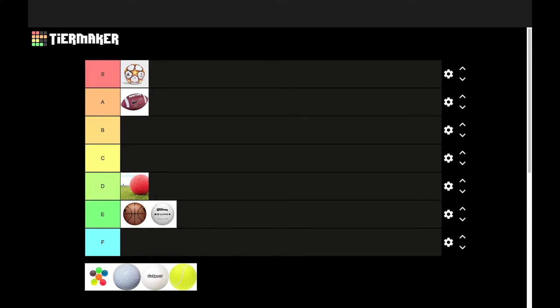I agree that the volleyball should be lower than the kickball because even when you throw a volleyball, it bounces much more than when you throw a kickball at something, right? And due to that, you could say that it's much lighter. And the difference in mass is actually a lot, right?